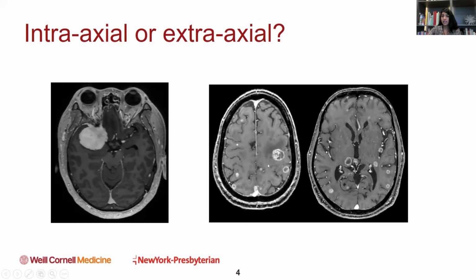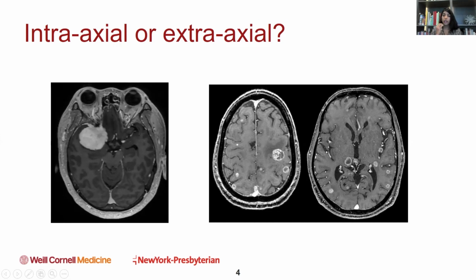In contrast, this is very typical of metastatic tumors. Metastatic tumors are typically intra-axial tumors, that they arise often at what we call the gray-white junction, where the gray matter meets the white matter, and these vessels end in those areas. We call those intra-axial tumors because they are actually arising from within the brain.